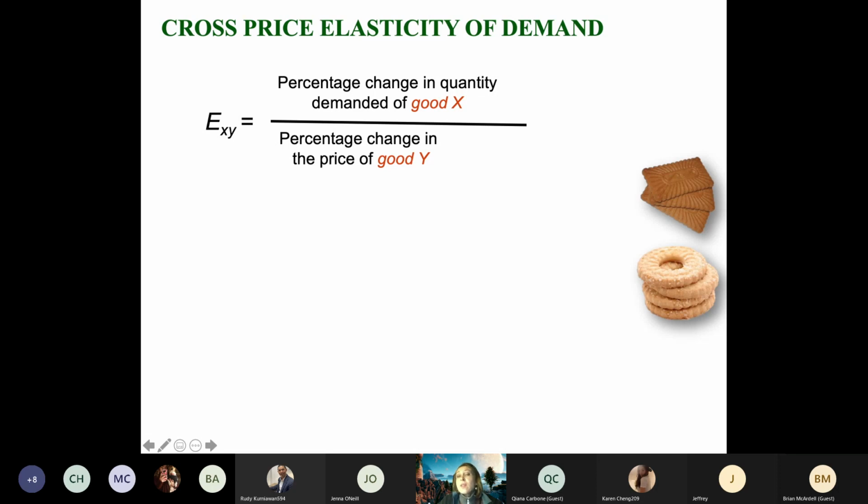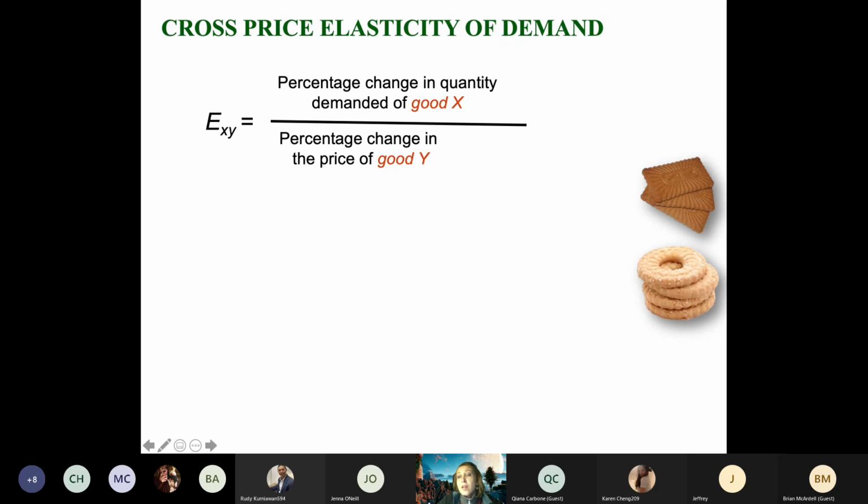So if those two are related goods, then we would have a number that's different from 0, because it can be 0.